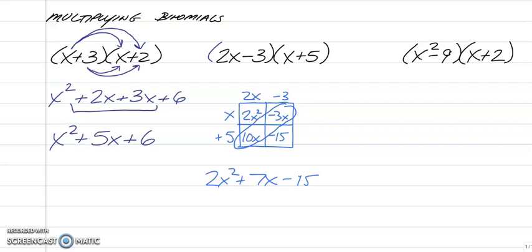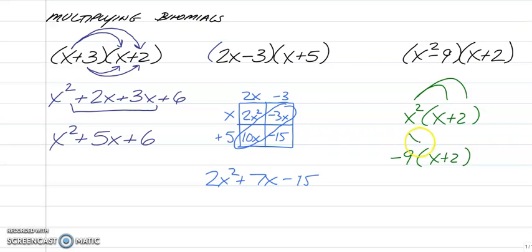So what you're going to do is take your x plus 2 and write it twice. And then you're going to take the first term and you're going to put it in front of the first set. And then you're going to take the second term and you're going to put it in front of the second set. And then you just distribute.